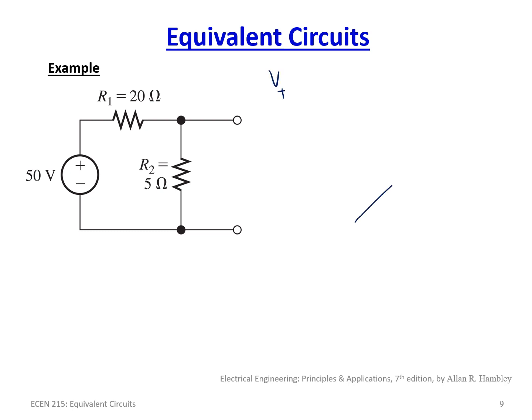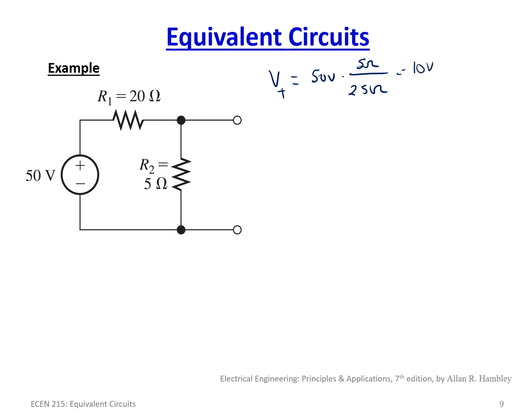So VT in this case is going to be 50 volts times 5 ohms over 25 ohms, which ends up being, let me grab my calculator, 5 over 25, which is 0.2 times 50, ends up being 10 volts.